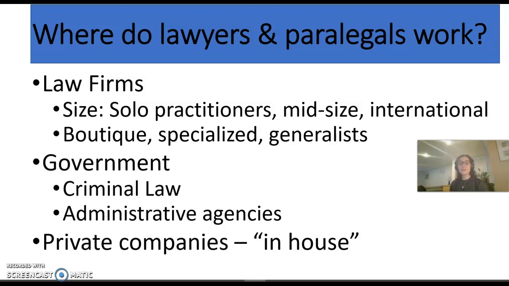Law firms can also be multinational and span the globe and have 1,000 lawyers working for the same law firm with offices all over the world. And law firms come in every size in between.